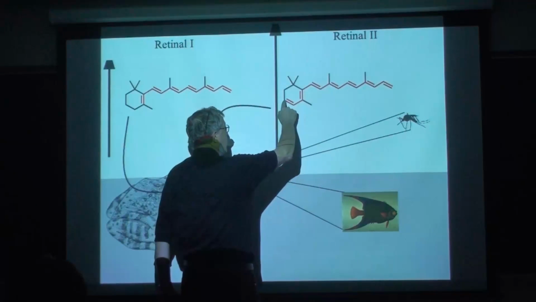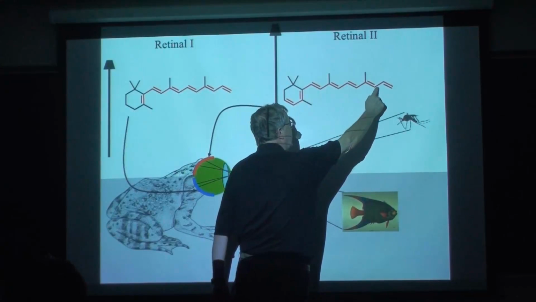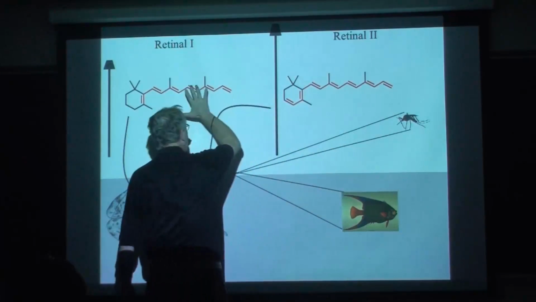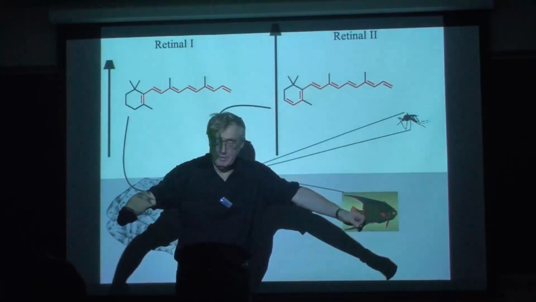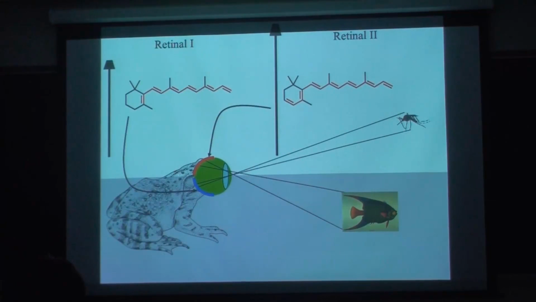If you count the electrons, 1, 2, 3, 4, 5, 6, 7, 8, 9, 10, 11, 12, 13, 14. Whereas here we have only 12 electrons. So we have a longer molecule, and that absorbs more in the red. Okay, so this is the last slide for the vision.